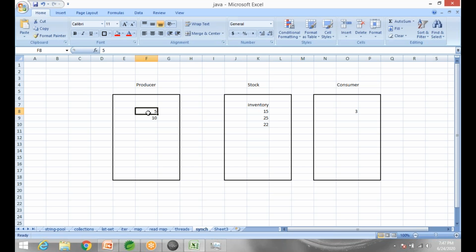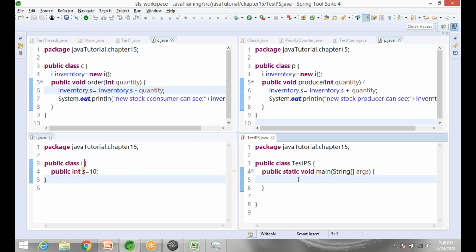Whatever changes the producer does, if producer adds 10 quantity, consumer should be able to see that latest quantity as well. So let's see if that can happen first.